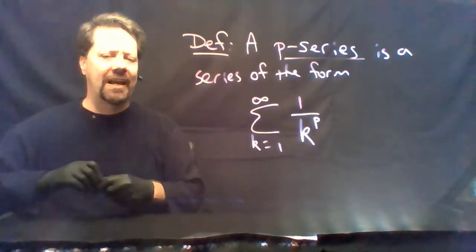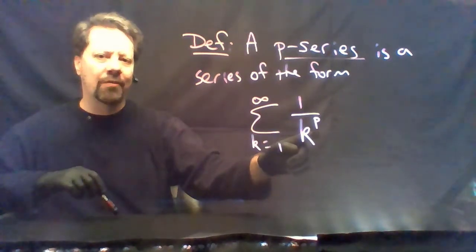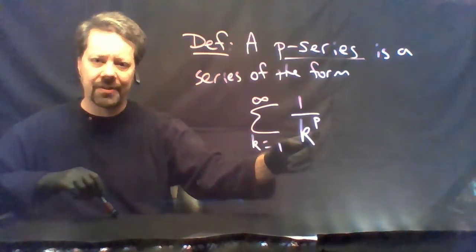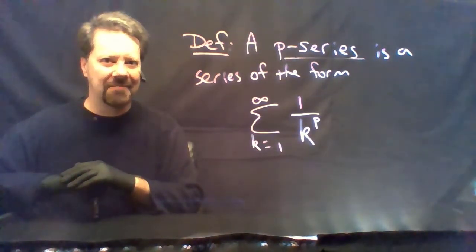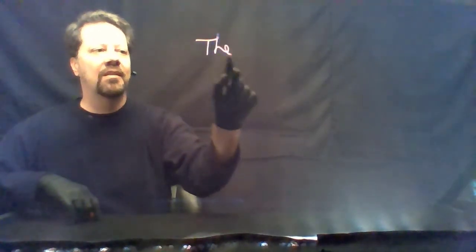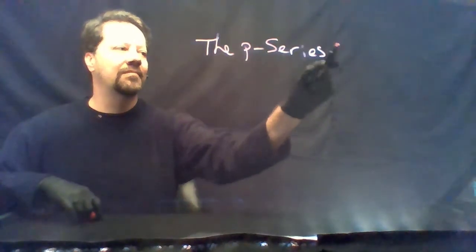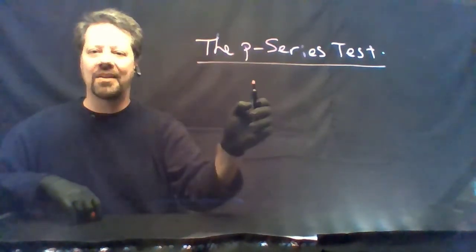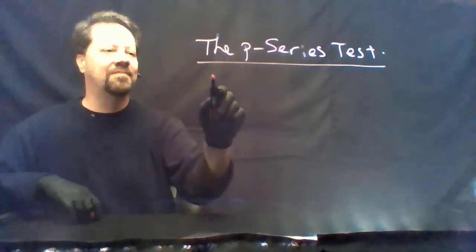The question that we have next is, are there some values of p for which a p-series converges and others for which it diverges? And the answer is yes, or else I wouldn't have asked the question. We have something called the p-series test, and it goes something like this.